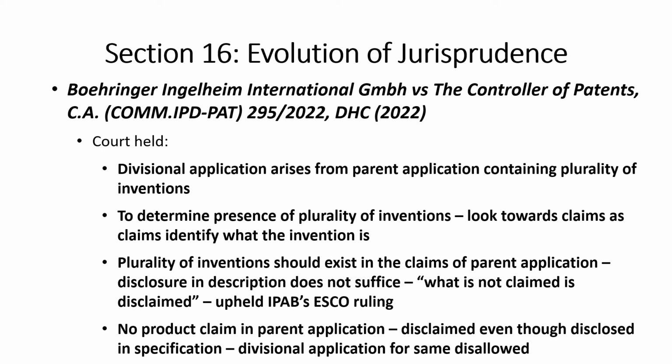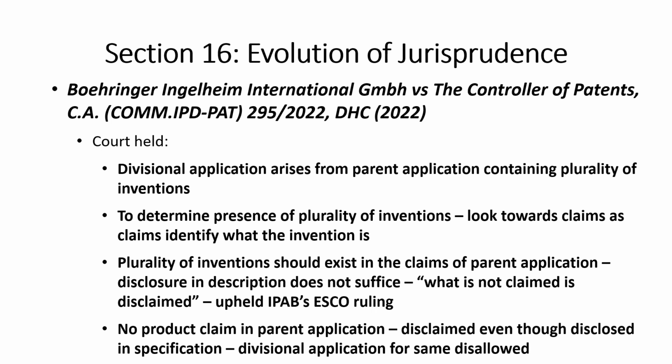So the court said that what is not claimed is considered as disclaimed. If you have not claimed anything that has been disclosed, it would be considered that you don't want to claim it, and you can only divide your parent application to derive a divisional application if distinct inventions are claimed in the claims of the parent application.